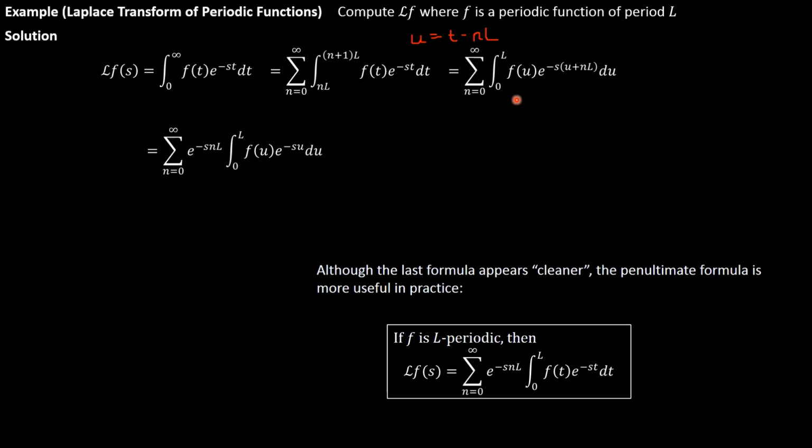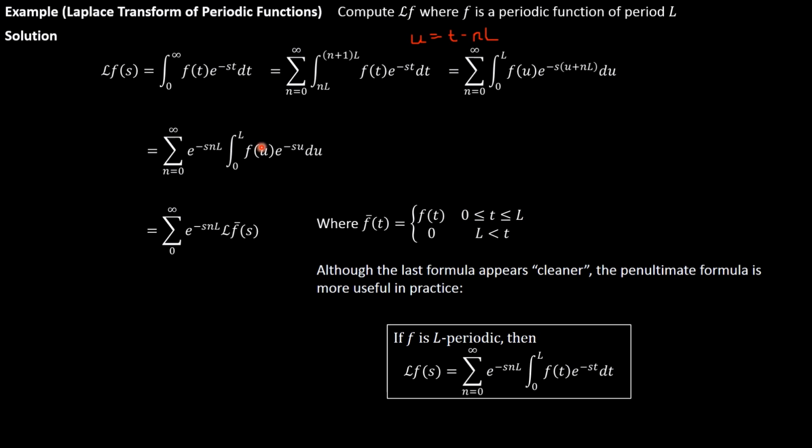Then you can factor out e to the minus snL, and you're left with this integral, which is the Laplace transform of f bar, where f bar is this function. It's just f of t from 0 to L and 0 for the rest of time. That's true by definition.